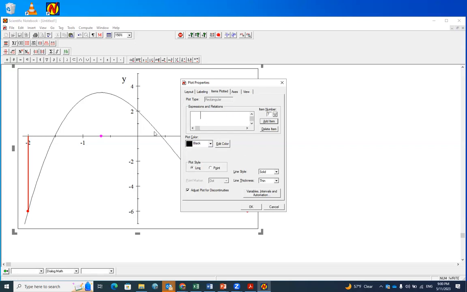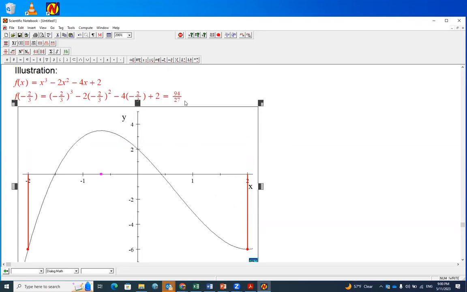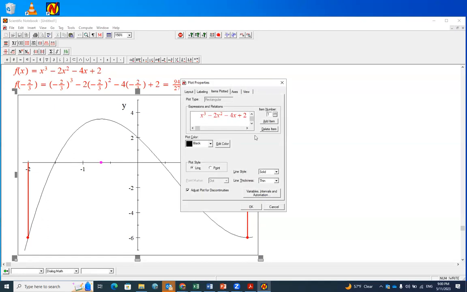Okay, I'm going to go back to find 94/27. 94/27. So this way we can draw a purple line there, right?